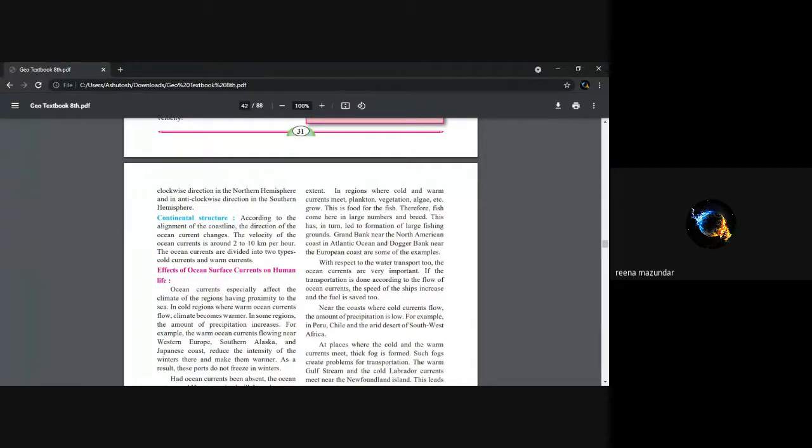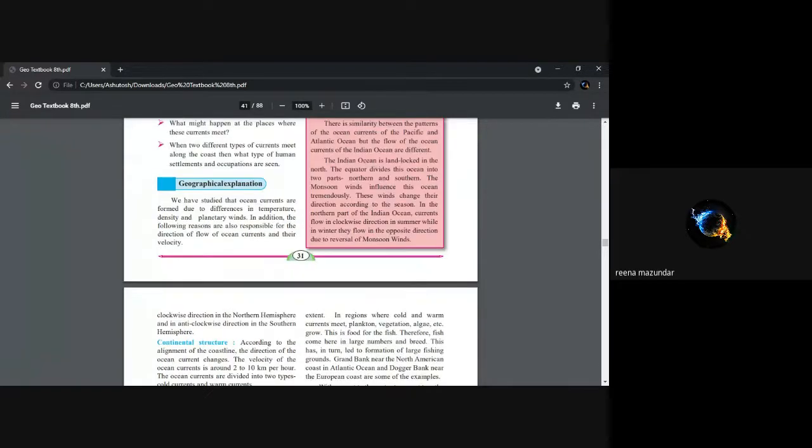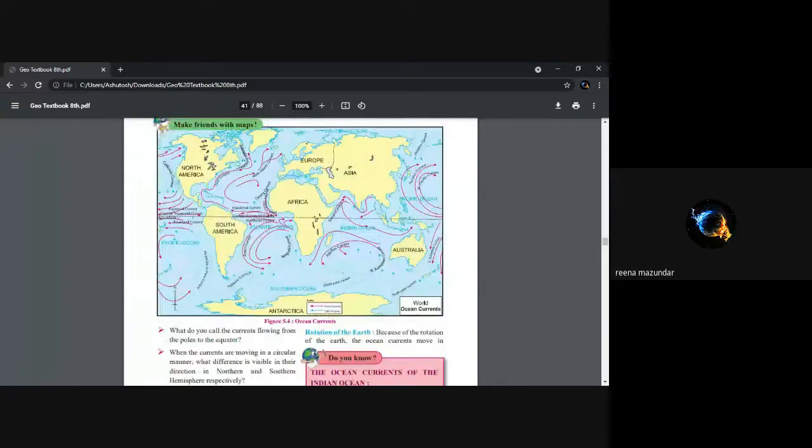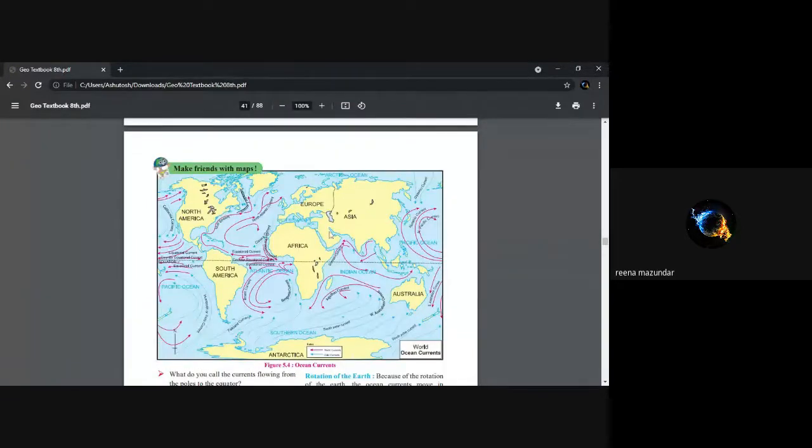We'll come to the continental structure. According to the alignment of the coastline, the direction of the ocean current changes. Velocity of the ocean current is around 2 to 10 km per hour, and they are divided into two, that is warm and cold.